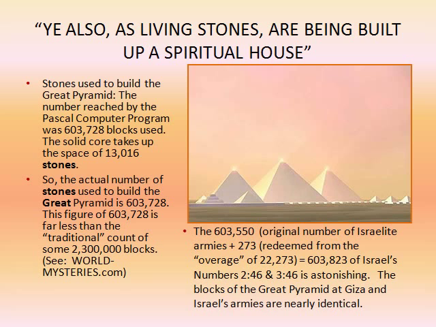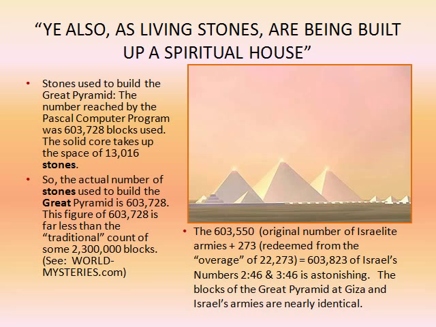The 603,550, the original number of Israelite armies, plus the 273 under special redemption, redeemed from the overage of the 22,273, give us a total of 603,823 of Israel's numbers. This is found in the book of Numbers, chapter 2, verse 46, and in chapter 3, verse 46.